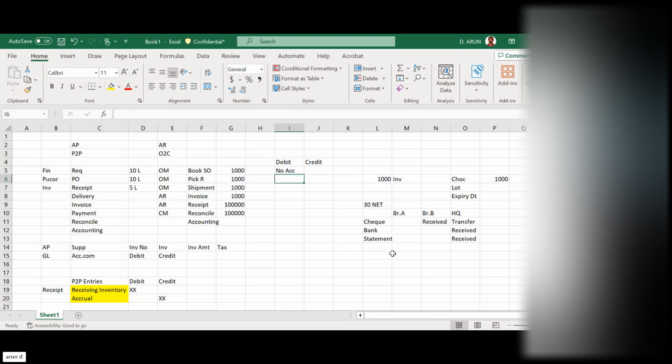But when I create the pick release, what I will do is credit the material transaction. Sorry, I'll credit the material transaction, and then I will debit the inventory account or the receiving inventory.